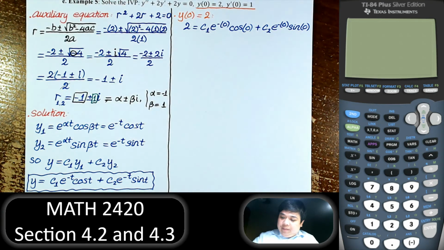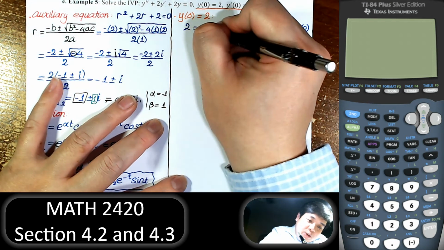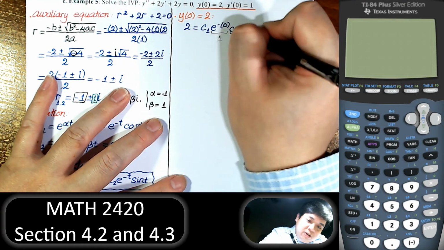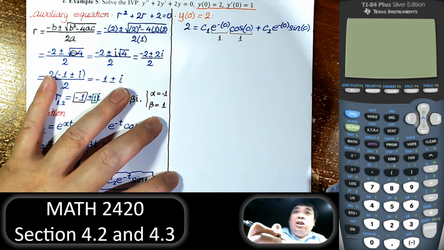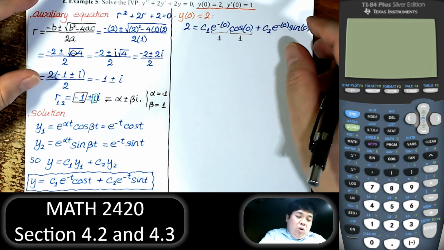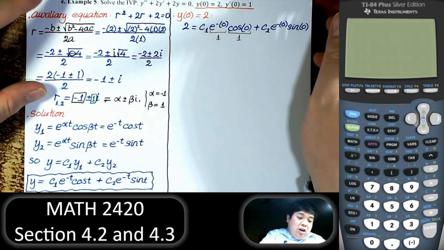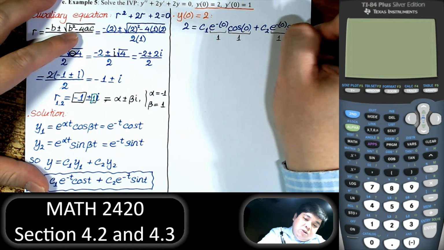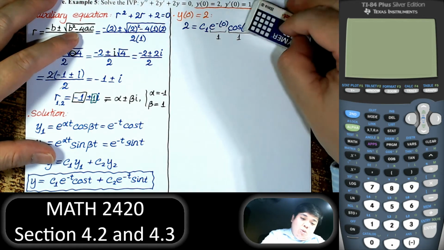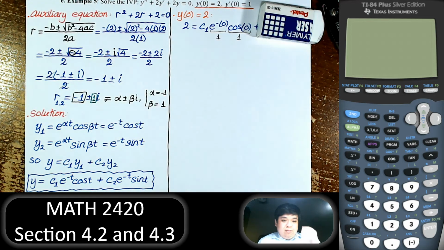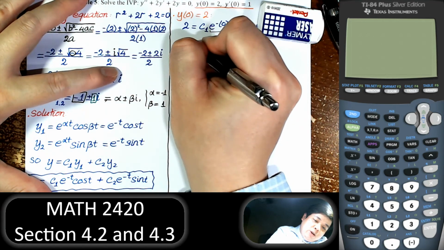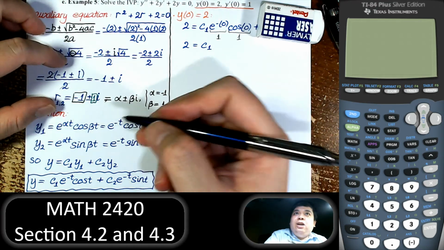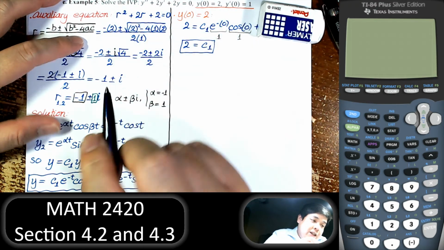Right, so what do we have here? e to 0 is 1. Cosine of 0 also 1. That's not that bad. So that's why I've said usually if the initial conditions are given at 0, then that will be a lot easier to do. e to 0 power is 1. Sine of 0 is equal to 0. So that one is gone, and all we have is that term. So we have 2 equal to c1. Right. That's good.